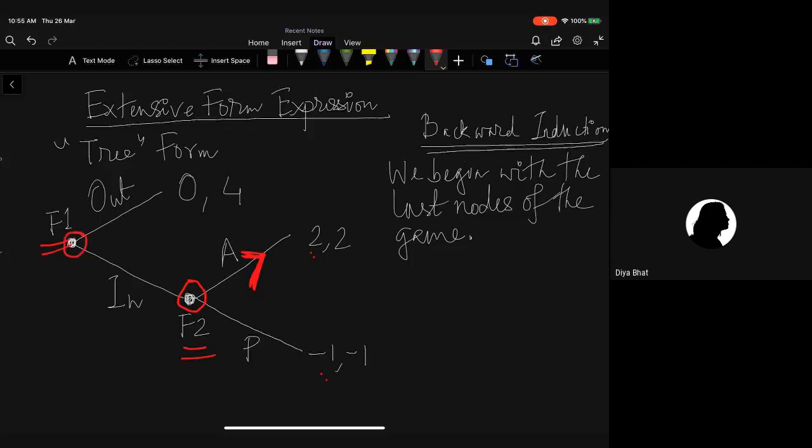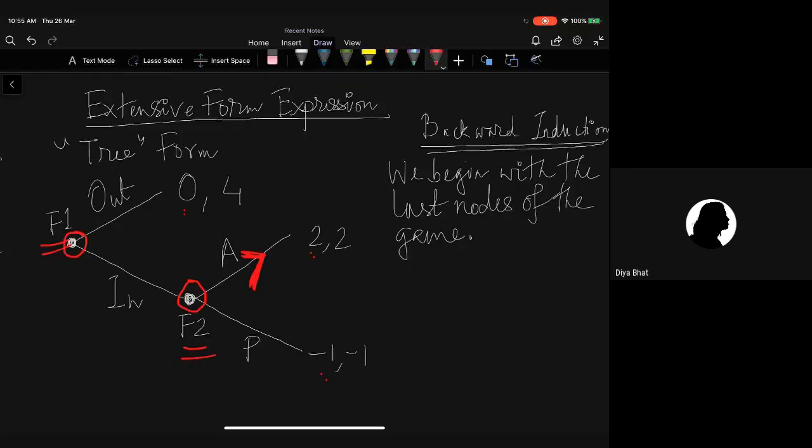So now in this node, firm 1 has an option to choose either out or in. It knows that if it chooses in, firm 2 on the last node would choose A, because we have already solved that. So we are going back. We take firm 2's choice as given and then find out what firm 1 would do. If firm 1 stays out, it will get 0.